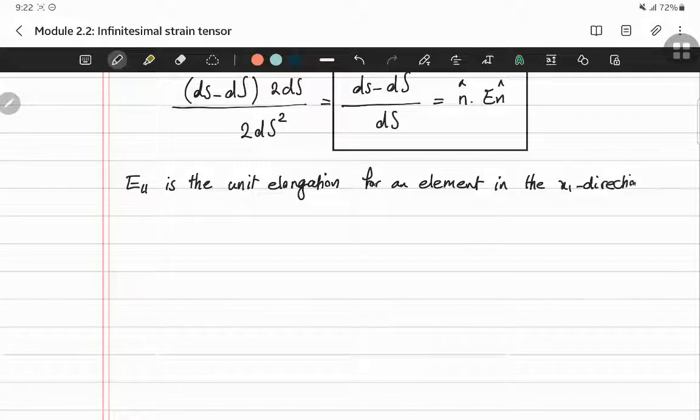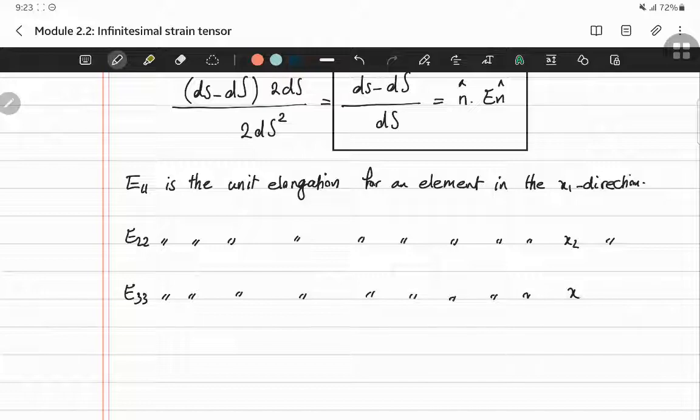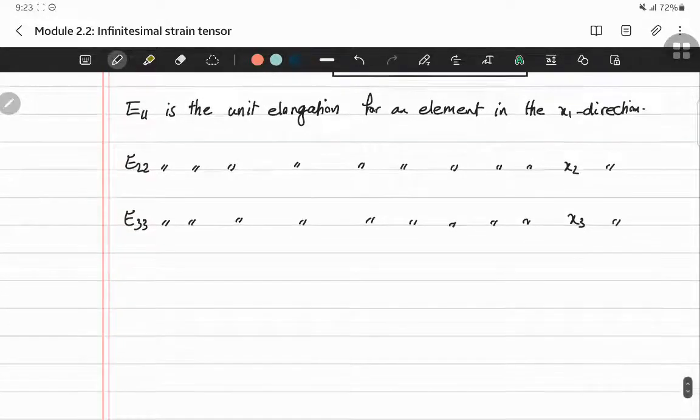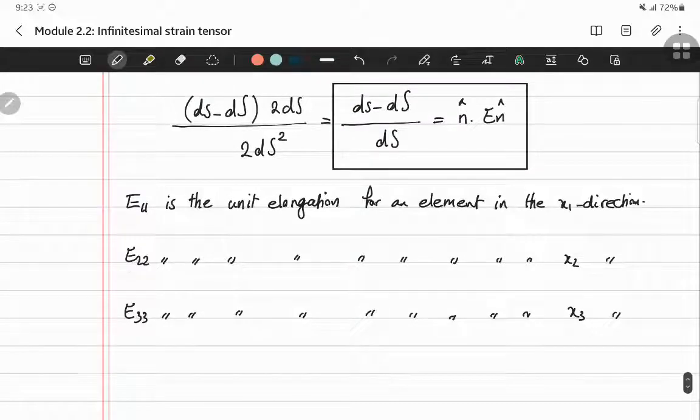I already mentioned why we say x1. Basically E22 is the unit elongation for an element in the x2 direction, and of course E33 is the unit elongation for an element in the x3 direction. We call these normal strains, E11, E22, and E33.